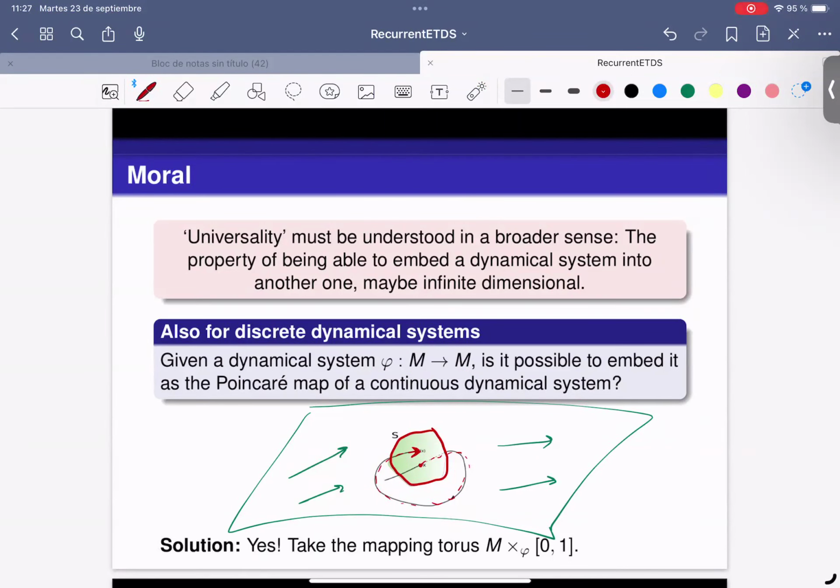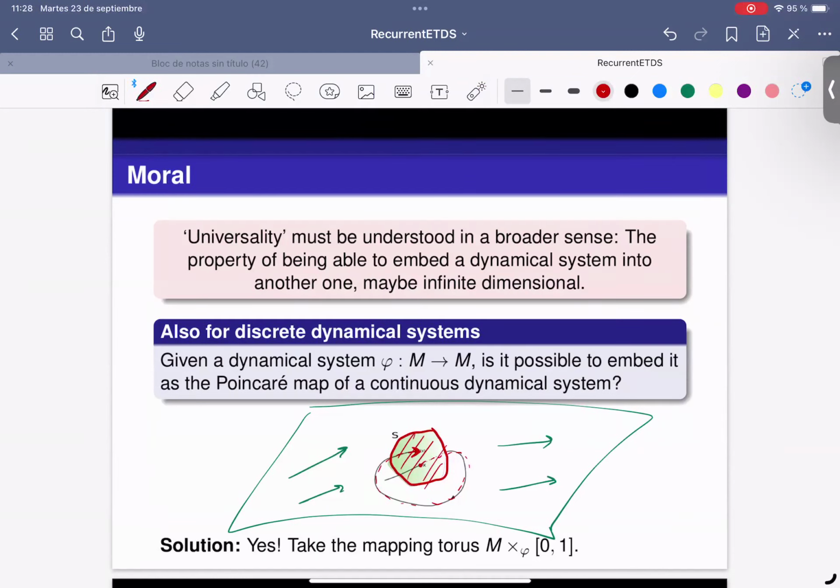This defines a discrete dynamical system on this Poincaré section, and the idea is I can represent a discrete dynamical system if I can recover it as the Poincaré return map for a certain vector field and for a certain Poincaré section. So that's the idea. And the question is, can I do that?